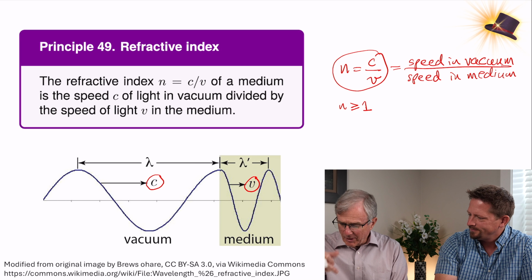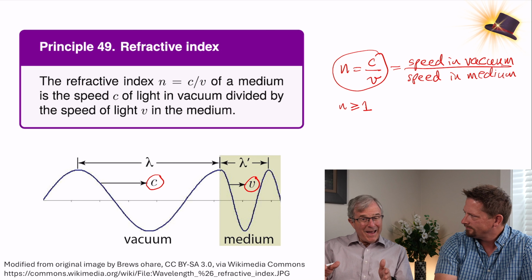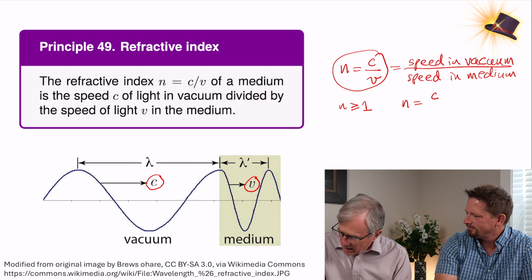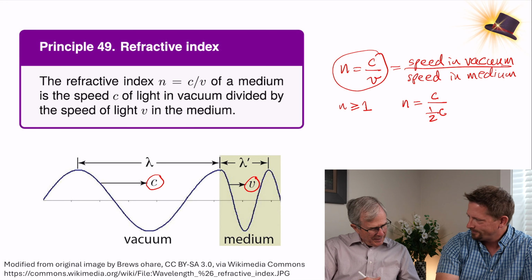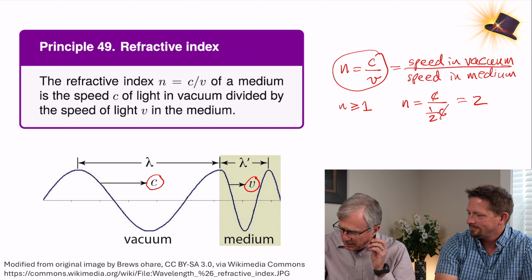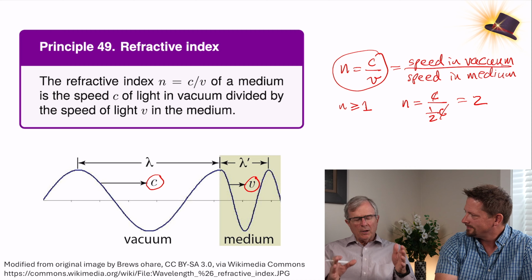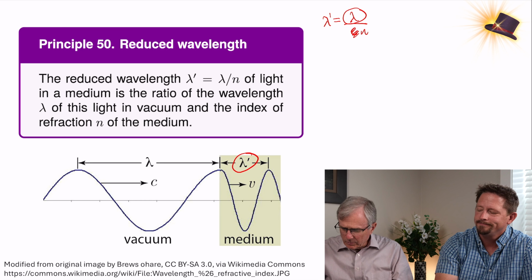And then you take c divided by v, but they're both the same, and you get 1 for the index of refraction. But if the speed in the medium is 1/2 of the speed of light in vacuum, then n is c divided by 1/2 of c. You're dividing by a fraction, you invert and multiply, and the c's cancel, and you get an index of refraction of 2. So indices of refraction are always greater than or equal to 1.